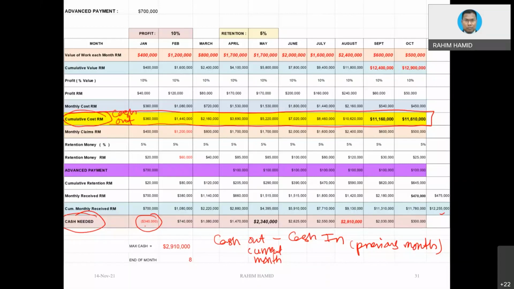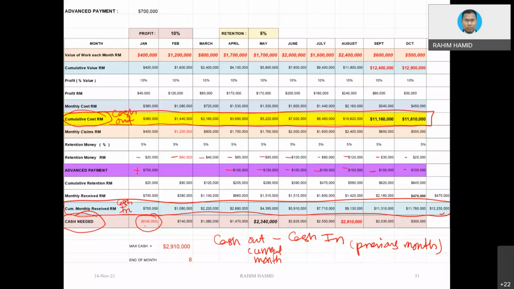So we focus on this row. This is what we call cash in. Remember, the cash in is already net. We already take into account the negative items that need to be deducted. Retention also needs to be deducted.